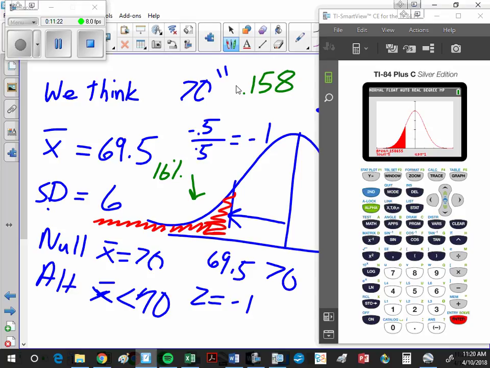Could the average height of people at Emory High be 70? Yes. And we might be wrong, right? 1 out of 20 times, this method is not going to work. So to use the word significant, we would say this: the height of students at Emory High is not significantly less than 70 inches.